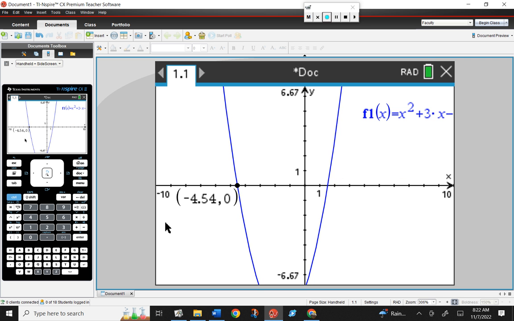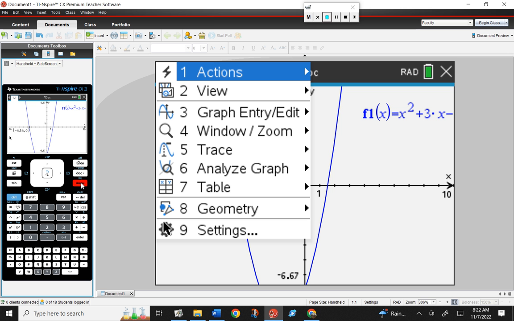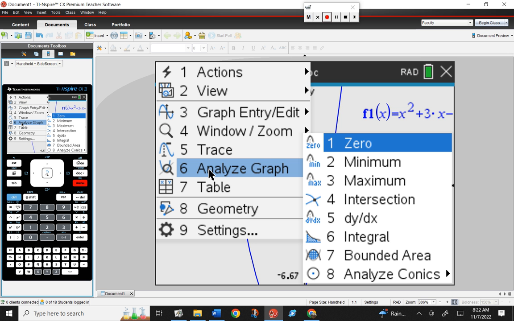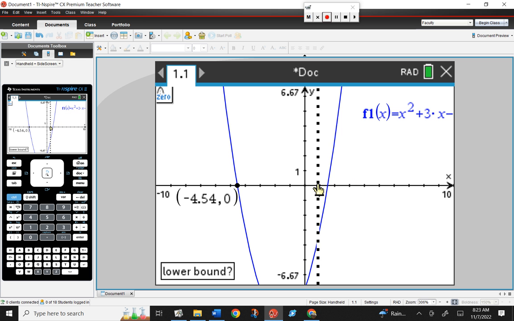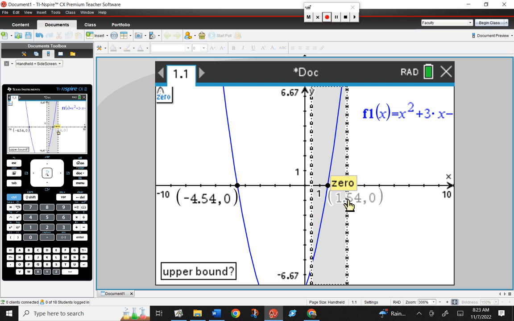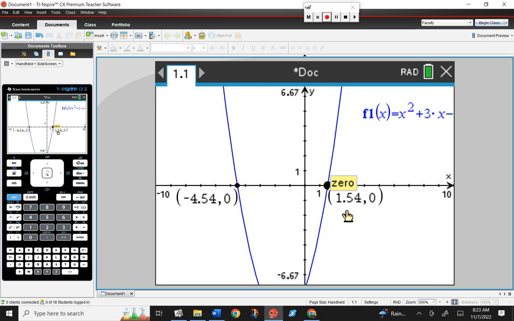Now we look for this one. Again, menu, go to analyze graph, go to 0. Take this dotted line, go anywhere over here on the left. Then when you cross over the 0, you see the 0. And these are the two answers you're going to write.